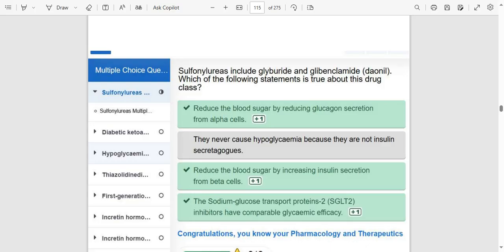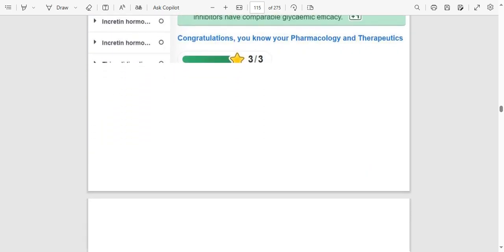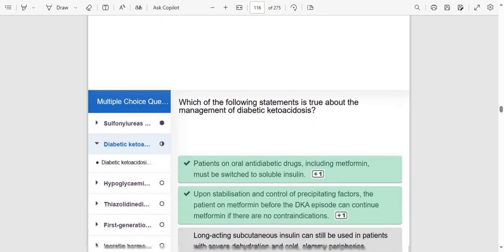But let me ask, between the two, which one is much better in terms of the profile for causing hypoglycemia and weight gain? Between the sulfonylureas and the sodium glucose transport protein 2 inhibitors. So the sodium glucose guys are better because they don't cause it. Please don't forget they are the only ones which don't.